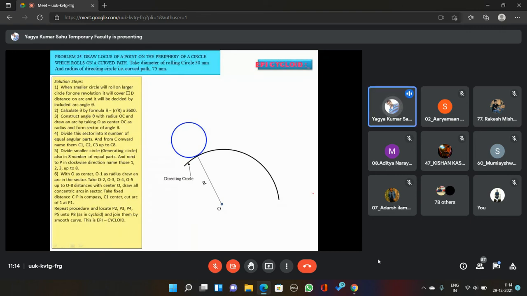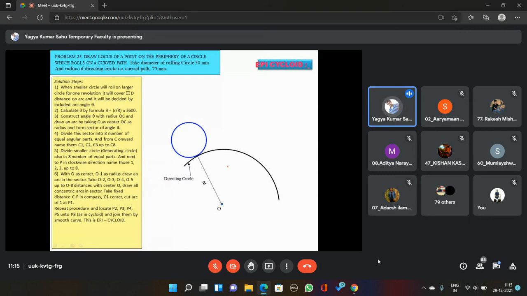Now for one complete revolution of this rolling circle, how much portion will be covered by this circle on this arc? Circumference of the rolling circle. But this is not a straight line.